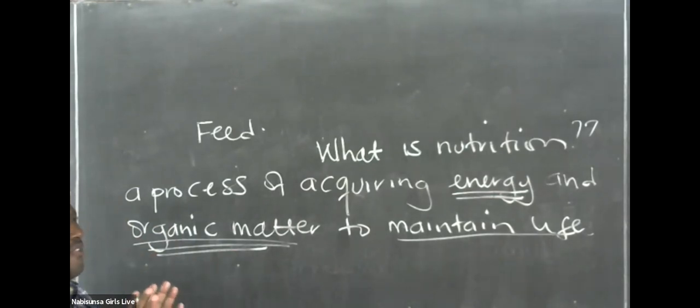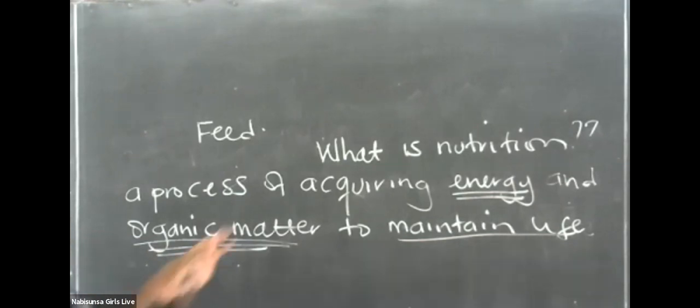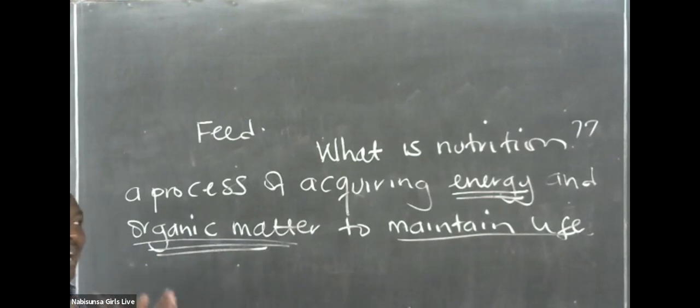Now, if we look at how we acquire energy, how do these organisms go about acquiring it generally? We shall have two forms of nutrition. If we look at how they acquire the energy and the organic matter, there are those organisms which can go ahead to utilize the simple things in the environment, the chemicals.